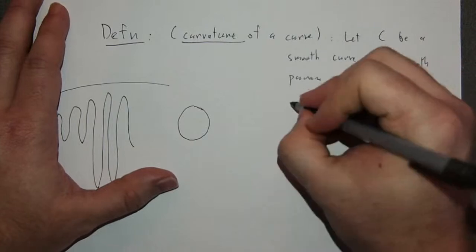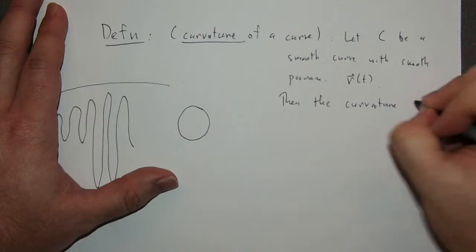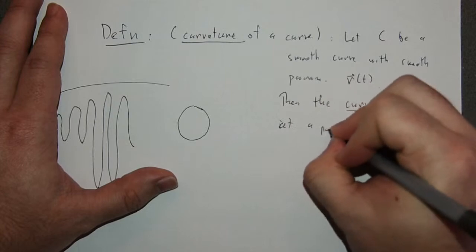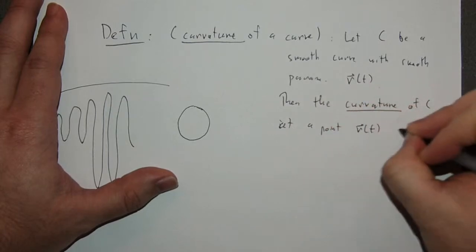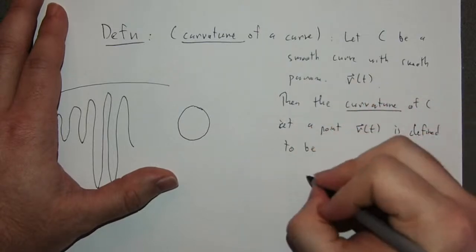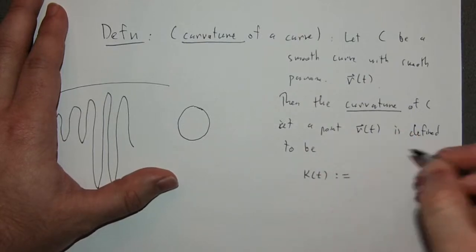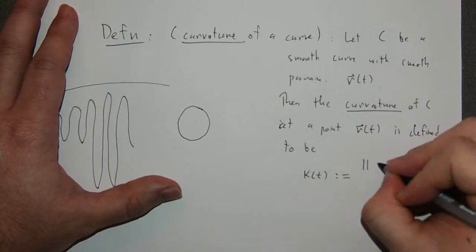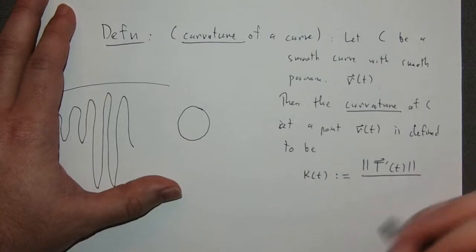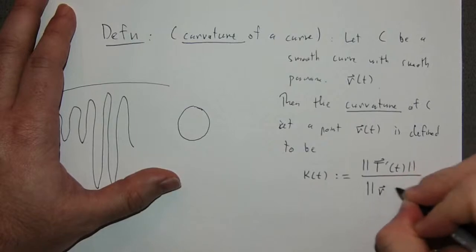Then the curvature of C at a point r of t is defined to be kappa of t, which is the length of the derivative of the tangent vector. So it's the length of T prime of t divided by the length of r prime of t.